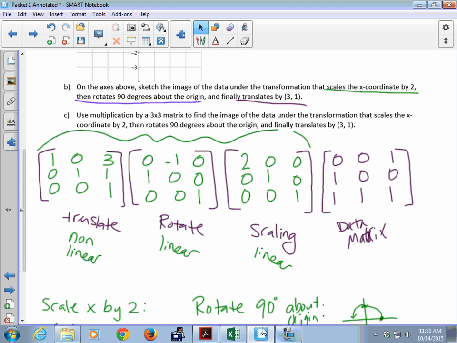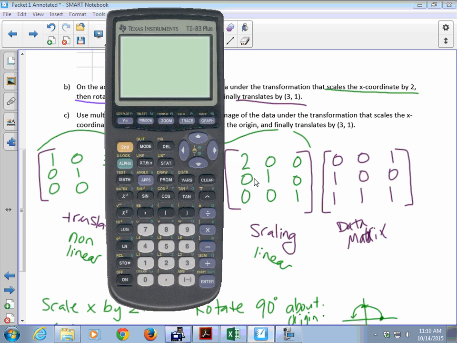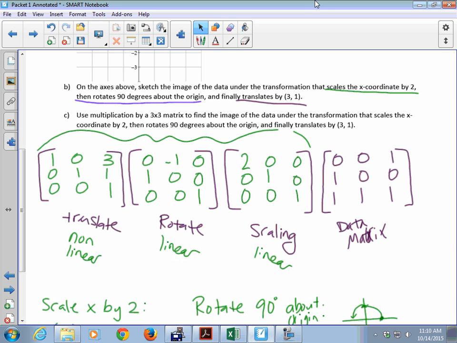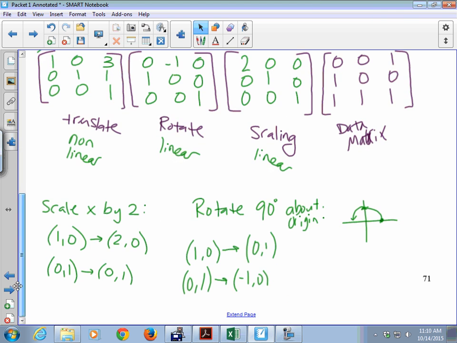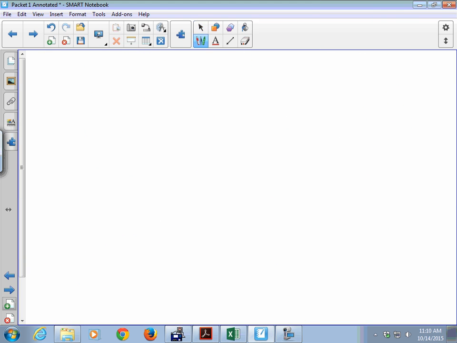So yeah, let's have the calculator do that. I think I actually just have the answer. Okay, when I multiply the 3 green matrices together, I know the answer, right?